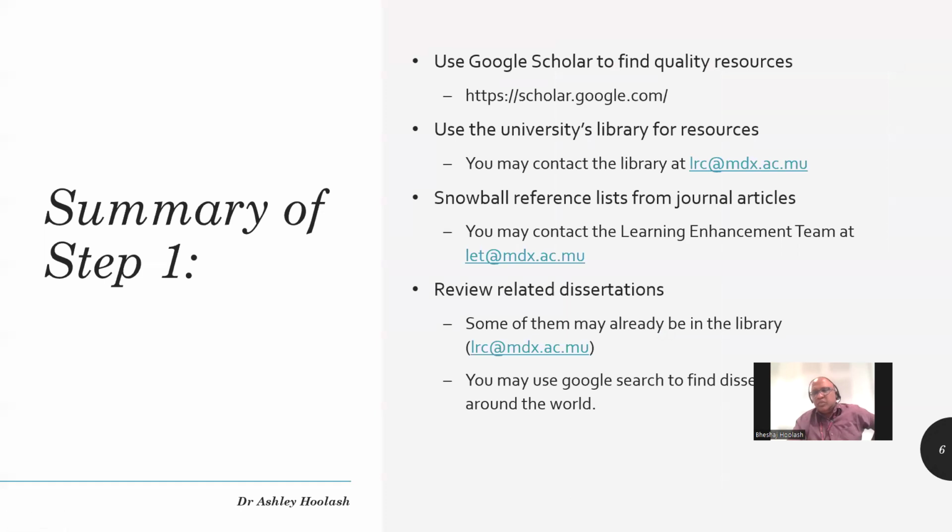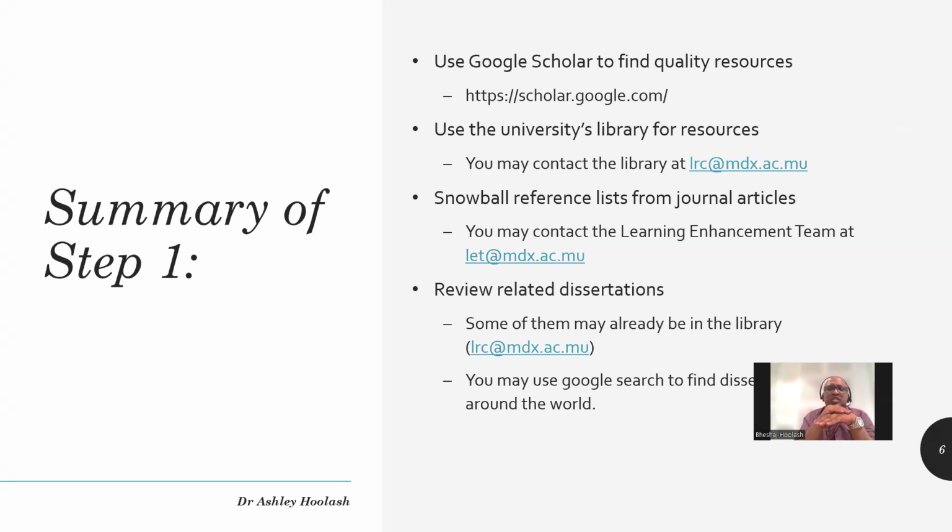So, briefly, a summary of what we've just discussed. Please remember the website for Google Scholar, then the library resources, UniHub. You know where to get them and download them, or you can also go to the library and talk to our colleagues there, and they'll help you.